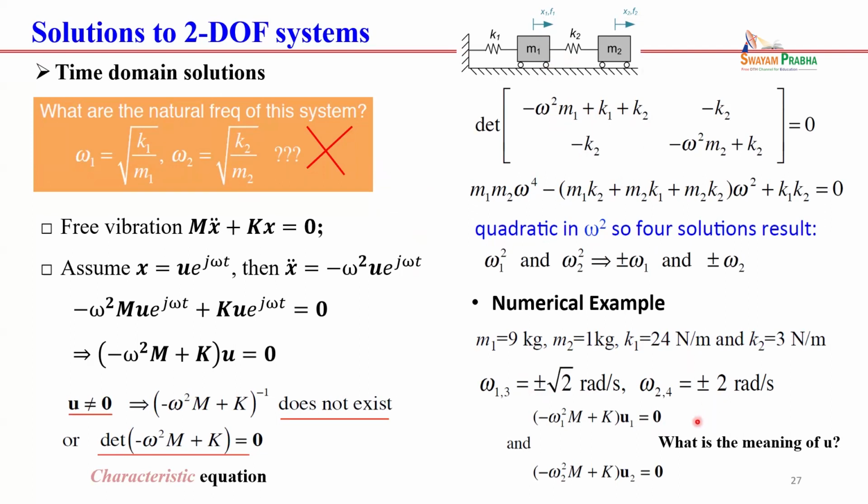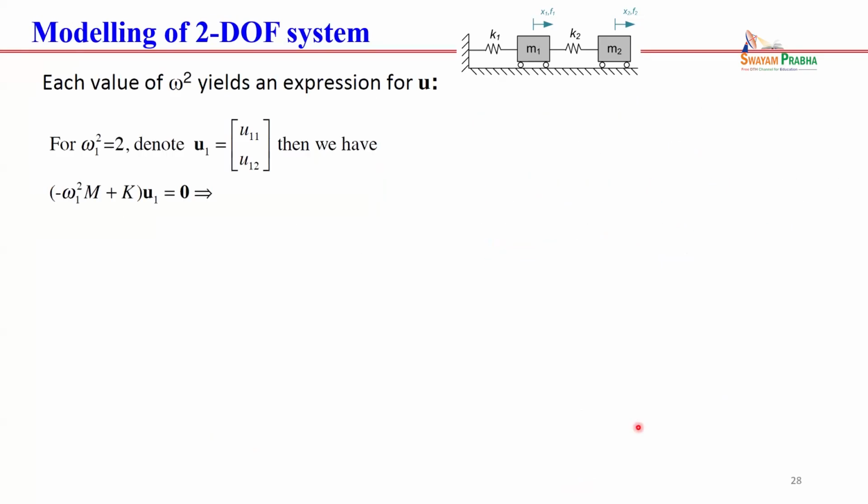So then after that, what does the u vector mean, right? You have two natural frequencies, omega 1, omega 2. U is a vector, right? What's the u vector? We call it mode shape. Okay. So for each value of omega, you plug into this equation here. You can find one vector, right?